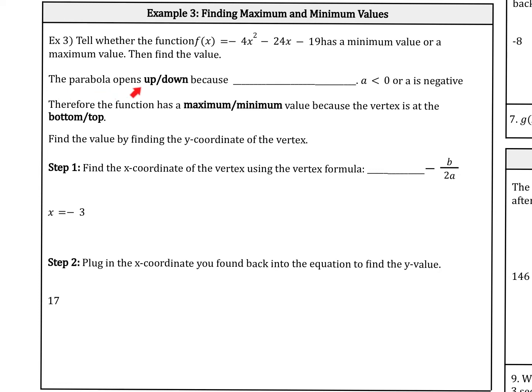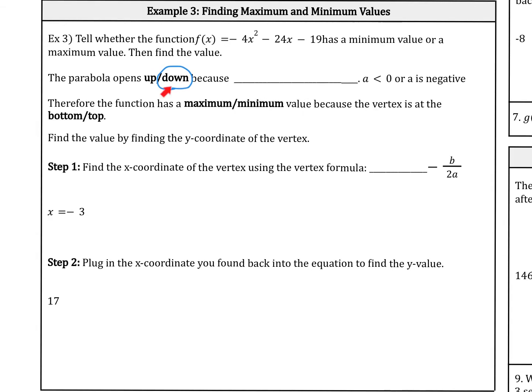Whether the parabola opens up or down depends on the sign of the function's x squared coefficient. In this one, the coefficient of x squared is negative 4. In other words, a is negative, a is less than 0.